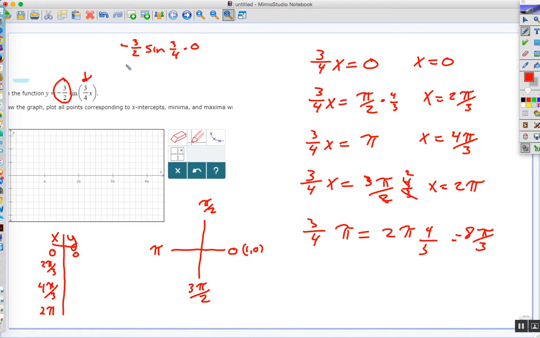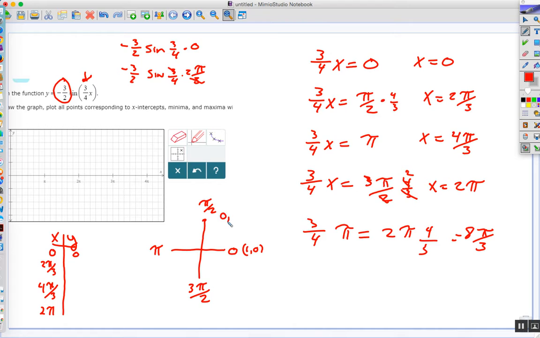Okay? So now we're going to evaluate 2 pi over 3. So sine of 3/4 times 2 pi over 3. So that reduces, and that gives us sine of pi over 2. Well, we know what sine of pi over 2 is because that's one of our main points on our quadrant.